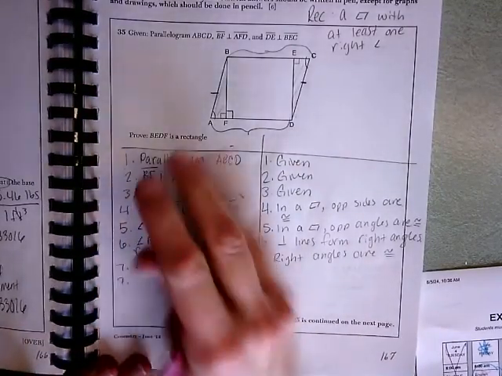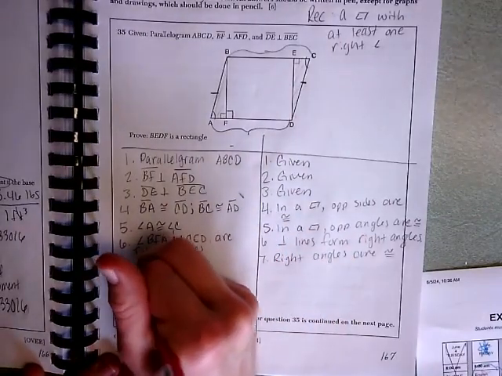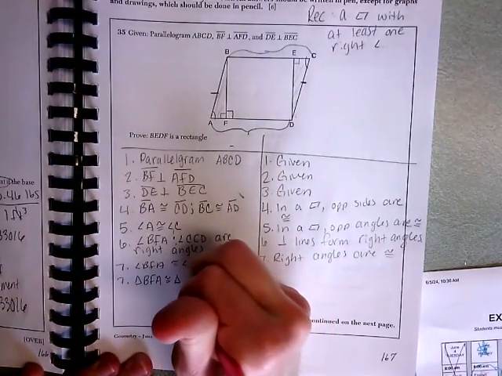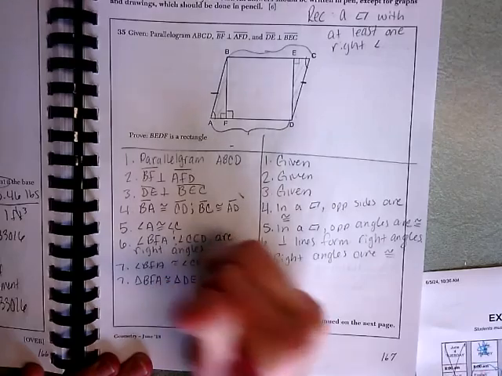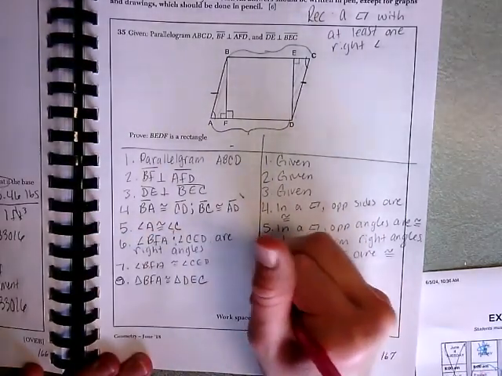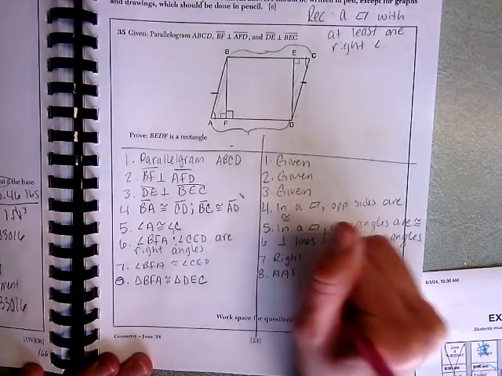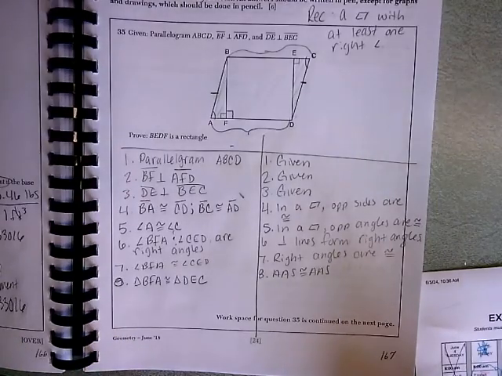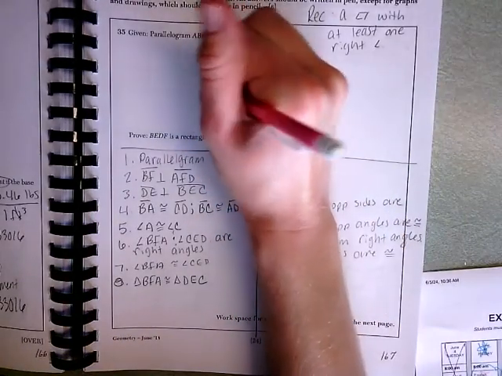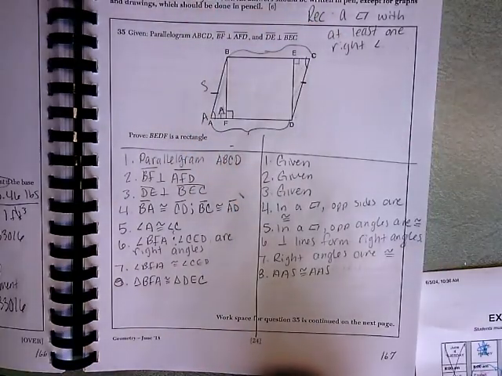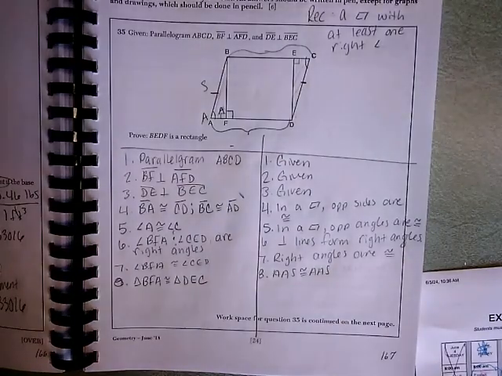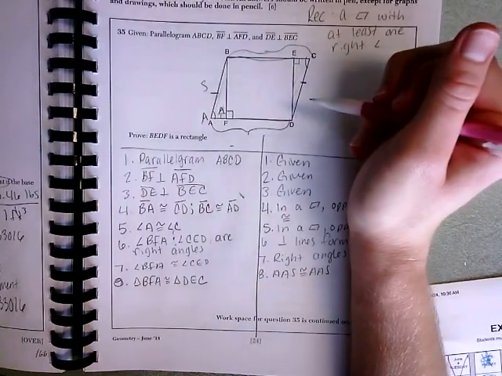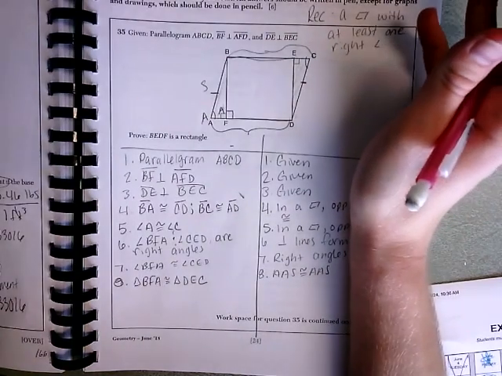Okay, so now I can say that those two triangles are congruent. So now I can say triangle BFA is congruent to triangle DEC by angle side angle. Angle side, excuse me. Angle side angle. All right, so now I need to try to get BE congruent to FD. Now I can do this by subtraction.